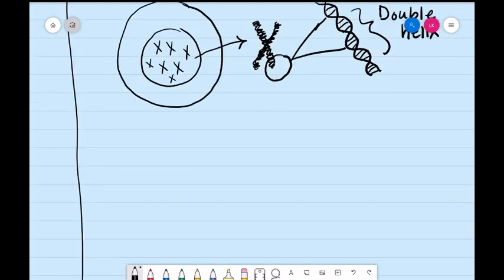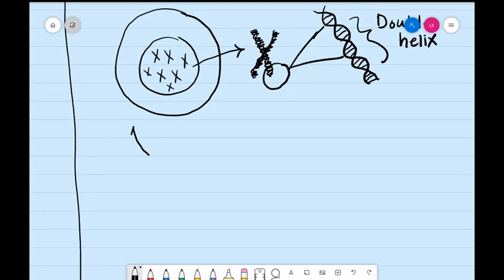Okay, so if we were to zoom in on our double helix even more, we would see that it has coded, just like in computer codes. DNA is a code. So it has 4 basic bases.